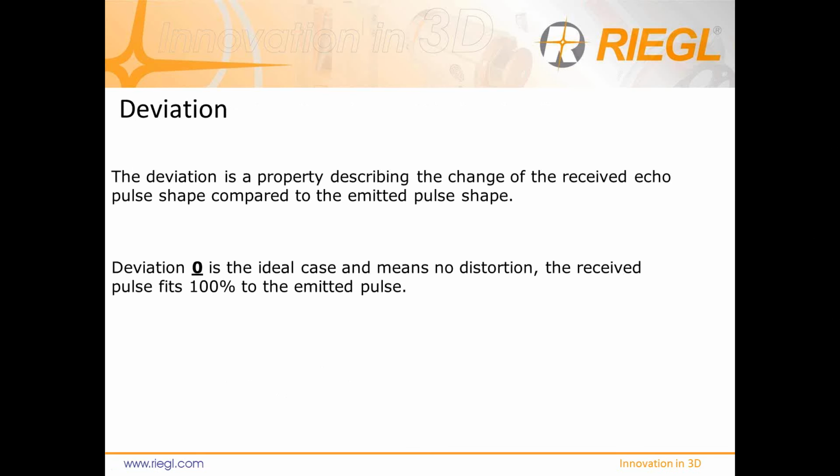Also, tilted surfaces where the surface normal vector is not parallel to the laser beam will broaden the pulse and thereby increase the deviation value. Deviation 0 is the ideal case and means no distortion. The received pulse fits 100% to the emitted pulse.